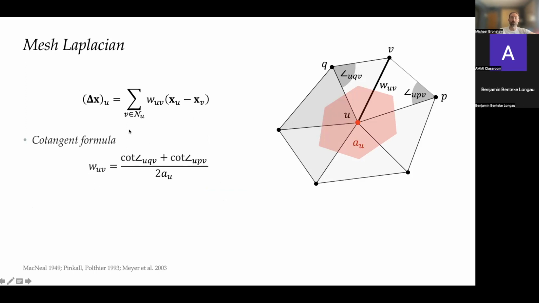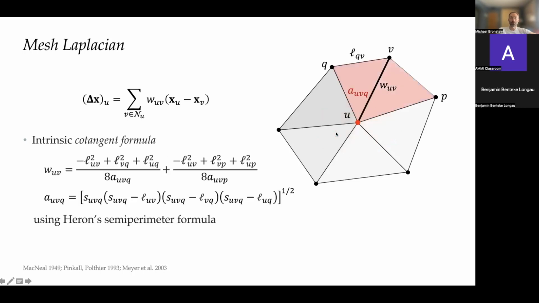And basically the cotangent formula tells you that the way you compute these coefficients W is by averaging the cotangent of the angles that are opposite to the edge UV, right? And you divide by the area element that is formed by this polygon that is constructed upon the barycenters of the triangles around the point U. Okay, so this is how you compute these coefficients.